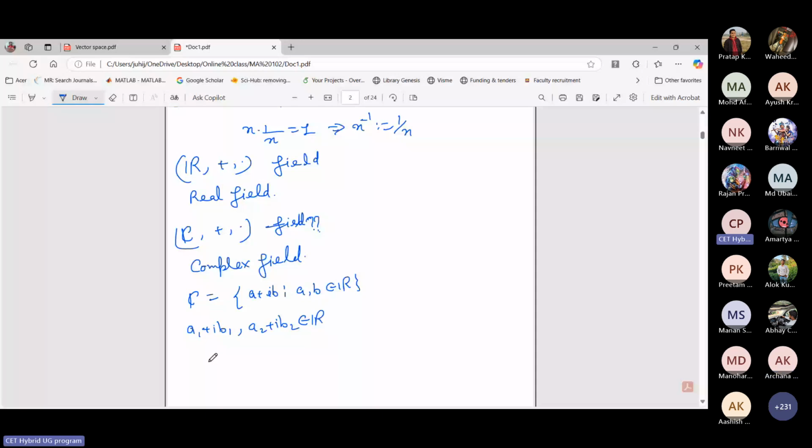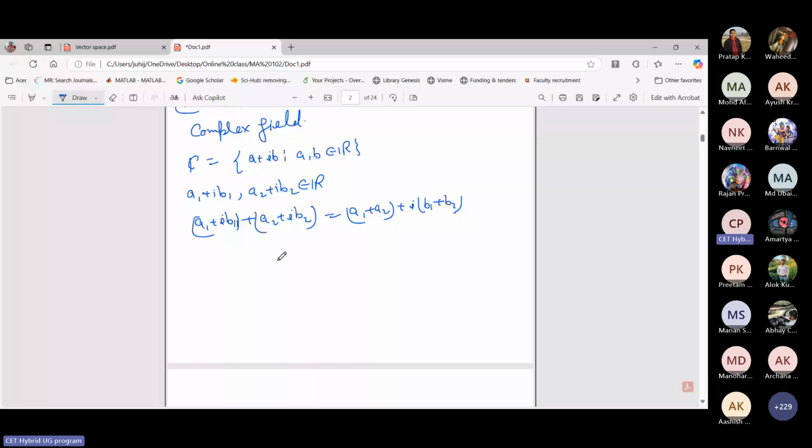Then A1 plus iB1 plus A2 plus iB2 is defined as A1 plus A2 plus i times B1 plus B2. And the product is defined how?